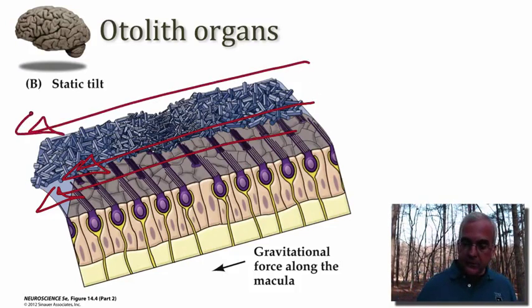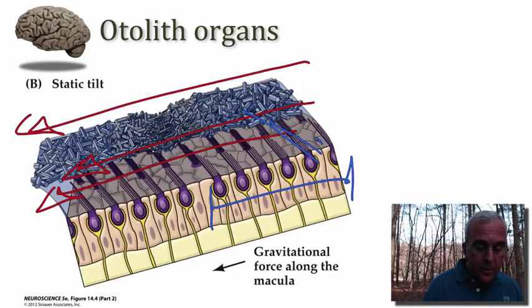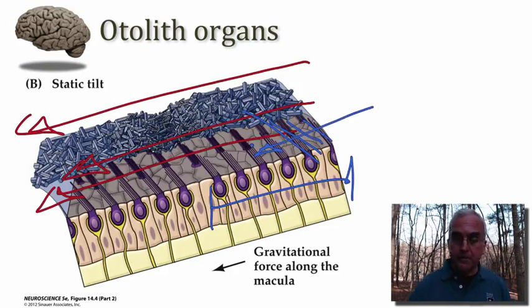Now remember the axis of symmetry that we found. So in this illustration, the hair cells that are here to the right are going to be depolarized because they are being deflected towards their longest stereocilium.